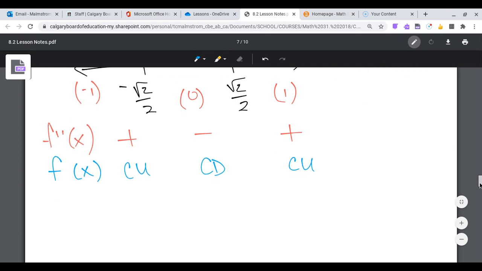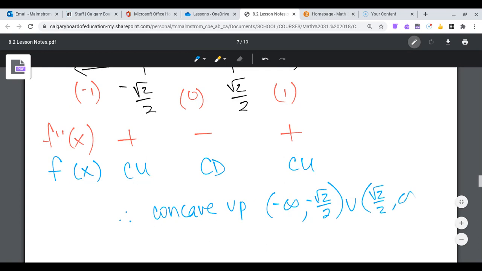And we could make ourselves a little statement about that. We are concave up from -infinity to -√2 on 2, or from positive √2 on 2 to positive infinity. And we are concave down when we are in between those two.